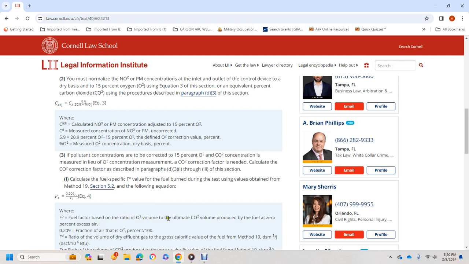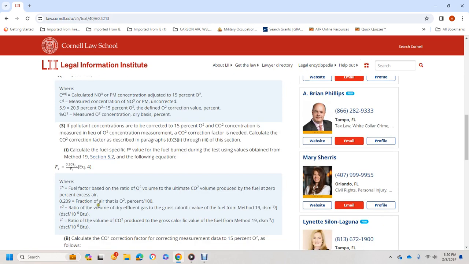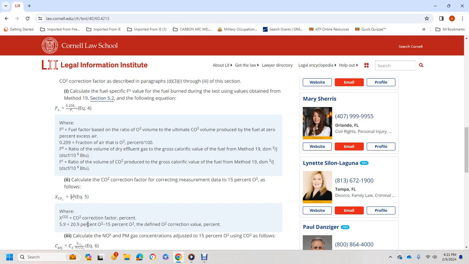Fuel factor Fc, based on the ratio of the volume of carbon dioxide produced by the fuel at 0 percent excess air, equals 0.25 times the ratio of the volume of dry flue gas to the gross calorific value of the fuel from Method 19, dscm per 10 to the 6 BTU, divided by the ratio of the volume of carbon dioxide produced to the gross calorific value of the fuel from Method 19, dscm per 10 to the 6 BTU. 2.